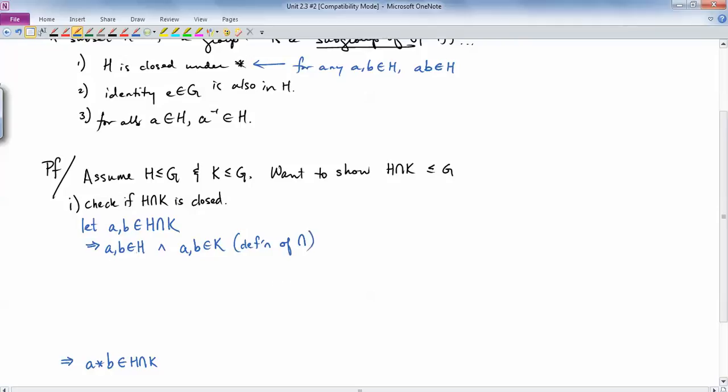Well, if A and B are in H, I know that A times B has to be in H, because H is closed, because it's a subgroup. And similarly, K is closed, because it's a subgroup. Right? H and K are closed because they're subgroups.